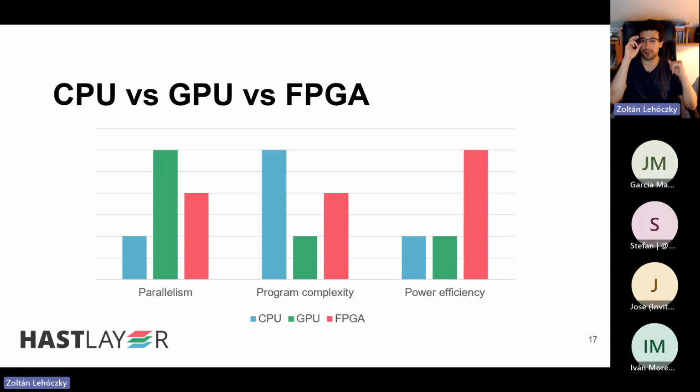Now, let's talk about the complexity of programs you can run on these devices. CPUs win here, I think, because if it's a program, you can run it on a CPU. GPUs are again on the other end, on the lower end here, because GPUs have much simpler programming models. Whereas with FPGAs, although you are not really programming an FPGA, the complexity of algorithms you can execute with an FPGA is somewhere in between.